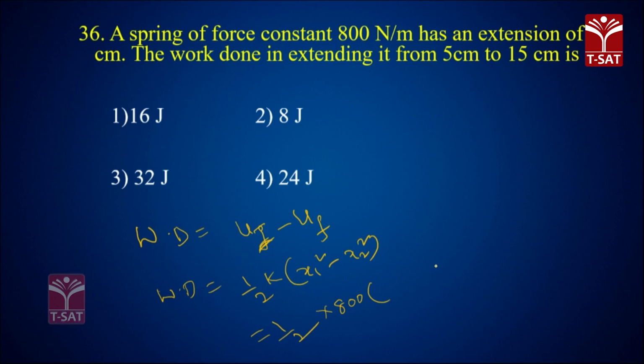Here you convert in SI system. What is that SI system? 5 centimeter is equal to how many meter? 5 into 10 to the power minus 2 meter, and 1 centimeter is equal to 10 to the power minus 2 meter, and 15 centimeter, what is that? 15 into 10 to the power minus 2 meter.